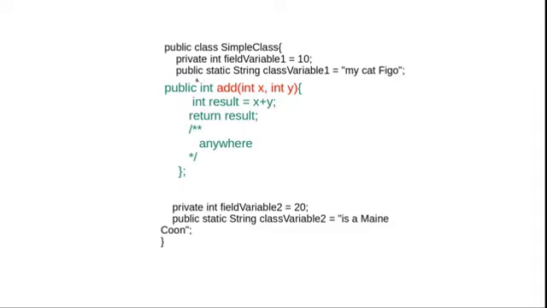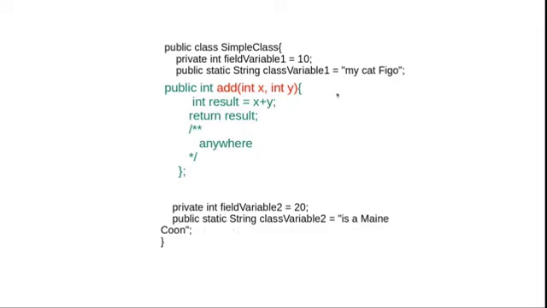Okay, now here what I want to show you is the actual method signature, the method part. You'll see here I've got the public class SimpleClass, and I'm finishing it over there. And then I've got a field variable here, I've got another field variable there, and I've got a static class variable here, which I've initialized to my name, my cat, and I've got a class variable here, which I've initialized to that variable.